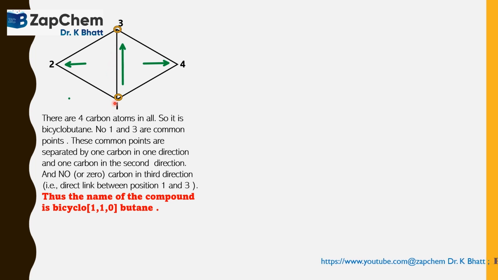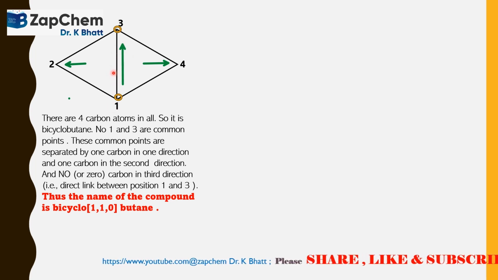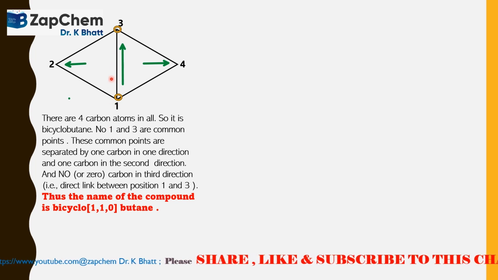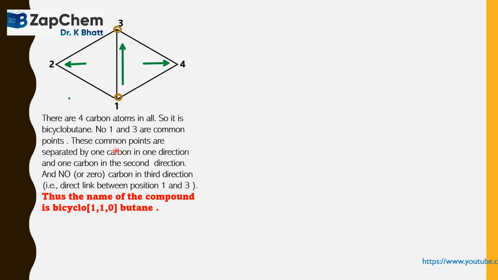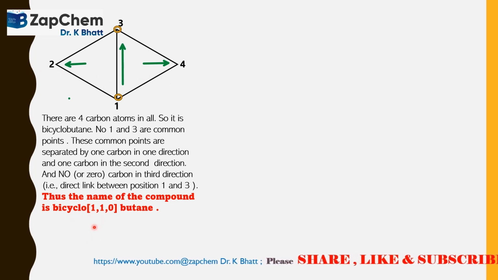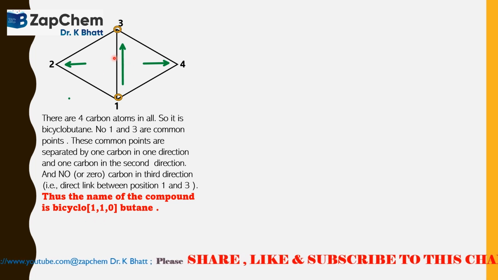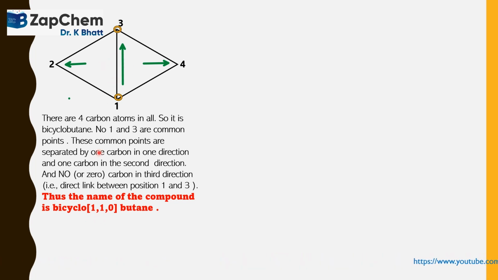The third side is this direction, which is known as the bridge. So the name of the compound will be bicyclo, one carbon, so 1, 1 and 0, no carbon over here. So the name will be bicyclo 1,1,0 butane. This is just a revision.